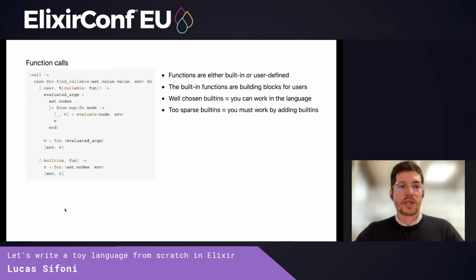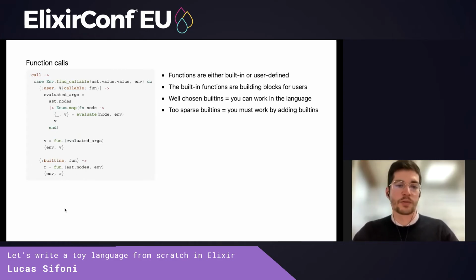So when we have function calls, we either call a built-in function or a function that the user defined in the language. This is quite crucial because if you choose well your built-ins, you can do more work in the language. If your built-ins are too sparse, you have to work by adding more built-ins to the language, so working in the host language.